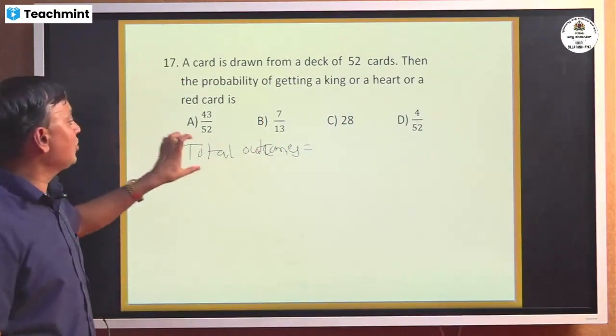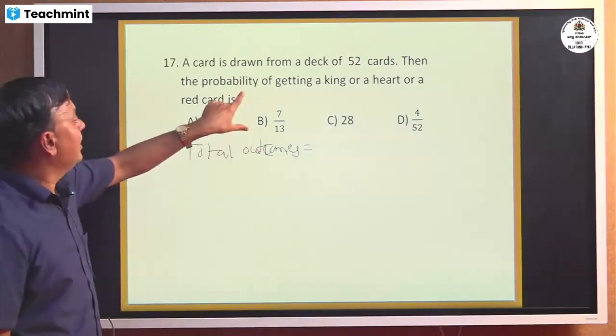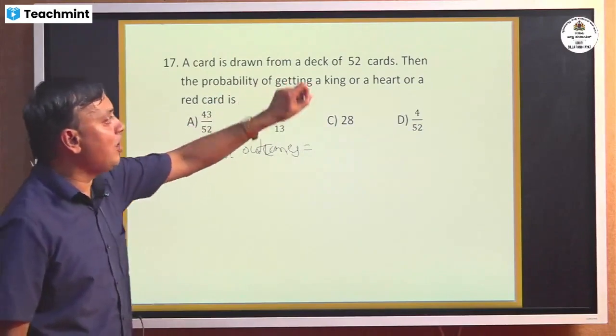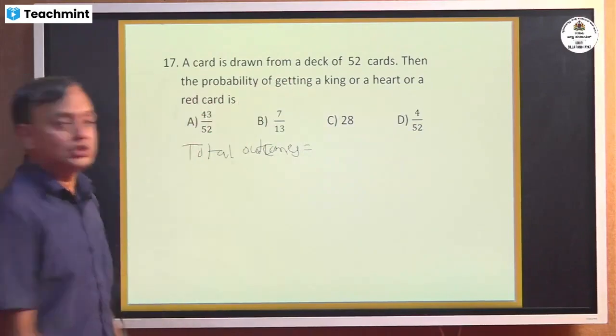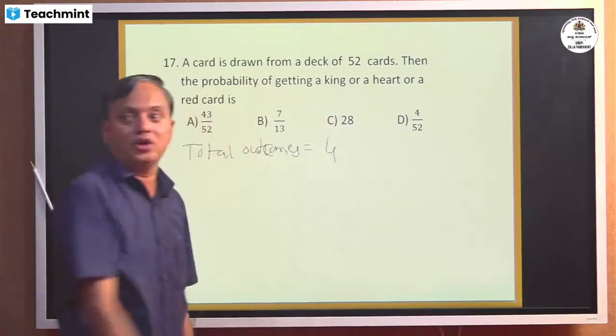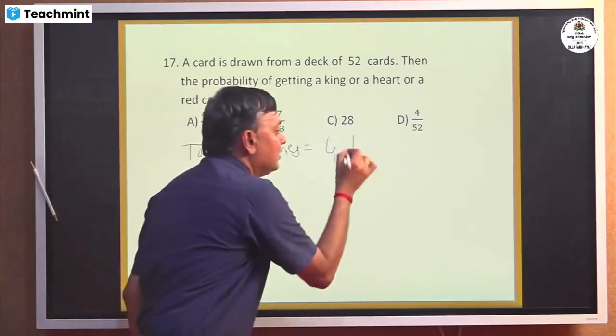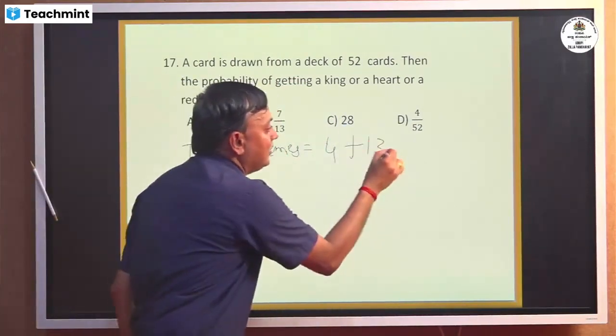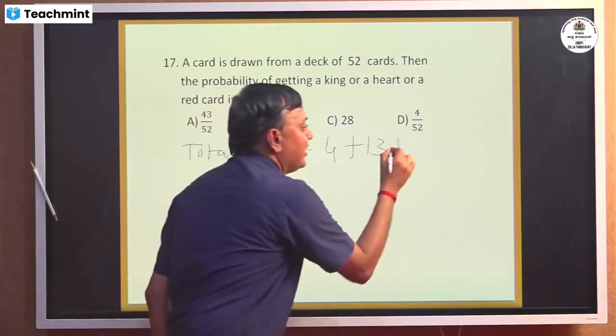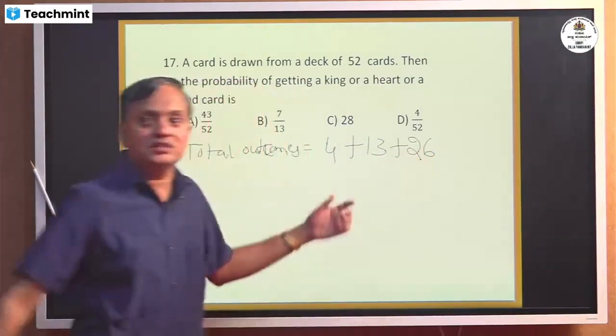So what is the total number of outcomes of getting a king or a heart or a red card? Here in the 52 cards, there are 4 kings, 13 hearts and 26 red cards. Is this the total?